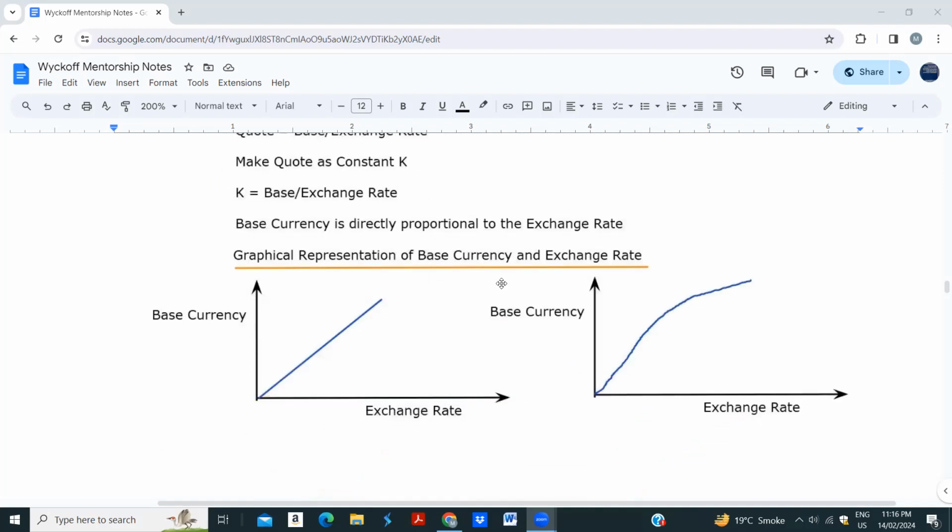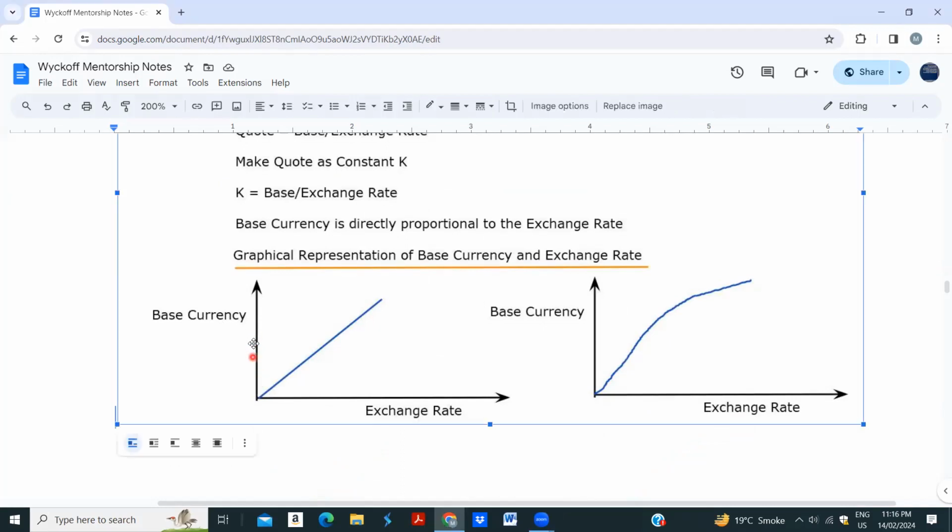Now, this is a graphical representation of the base currency and the exchange rate. You have to remember this graphical representation. As you can see from the graph, when the value of the base currency increases, the value of the exchange rate is also increasing.